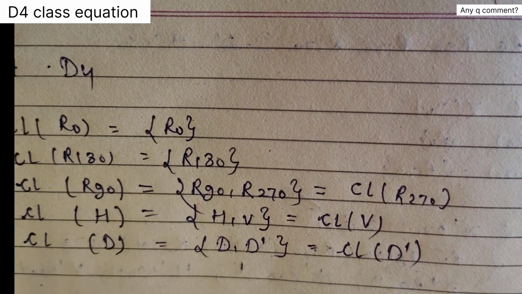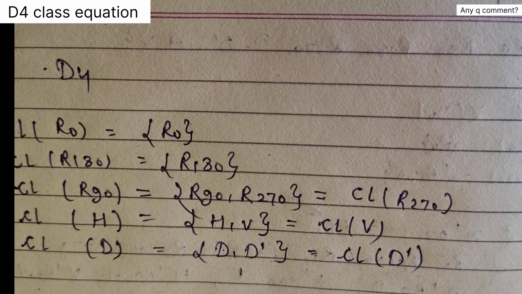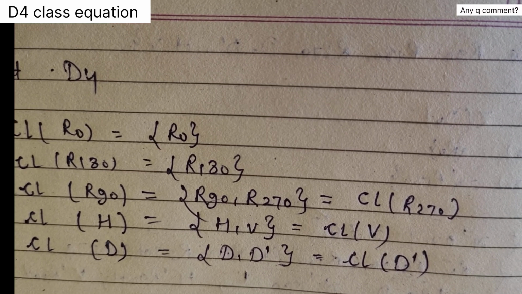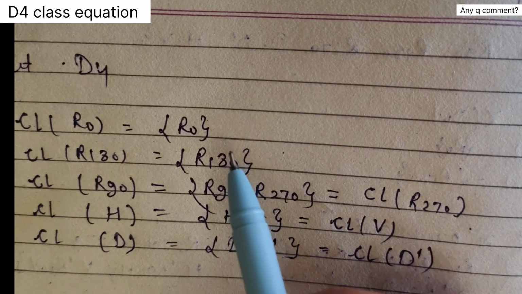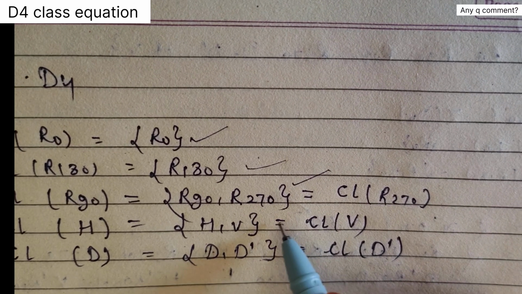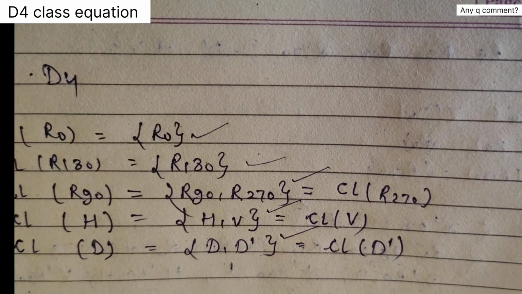So if we look at the classes of the elements, we get 5 conjugate classes. The first one is R0, the second is this, third is this, fourth is this, and fifth is this.